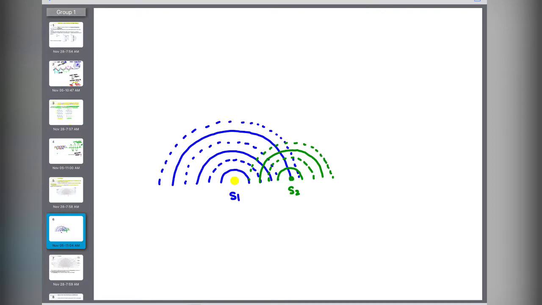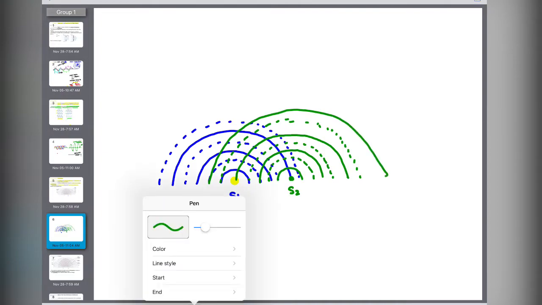See, I'm creating this interference pattern. I'm just going to draw a couple more. Crest and trough. The key thing is it has to be identical frequency and identical wavelength, right? Or it's not going to be a consistent pattern that we can study.